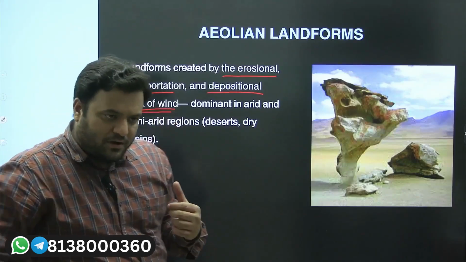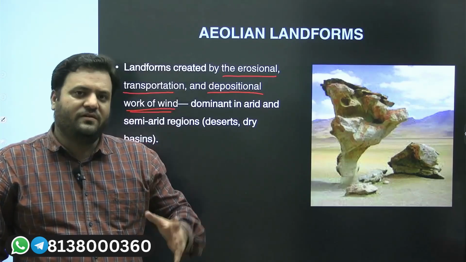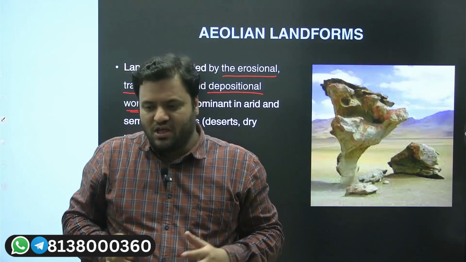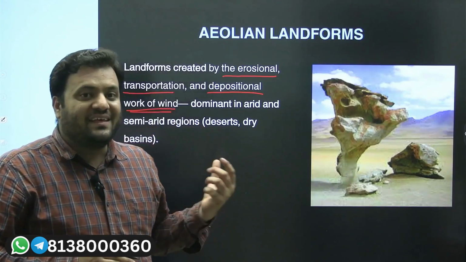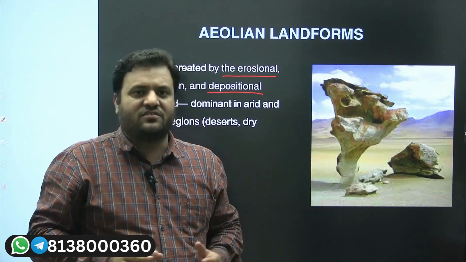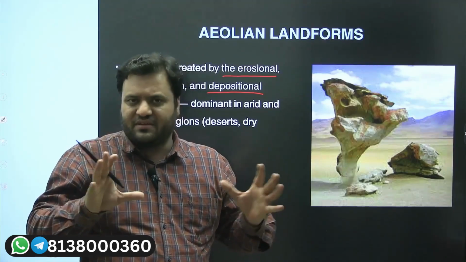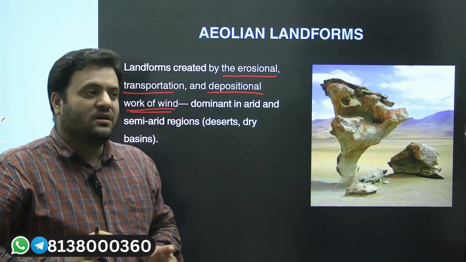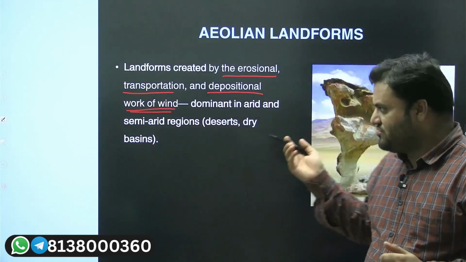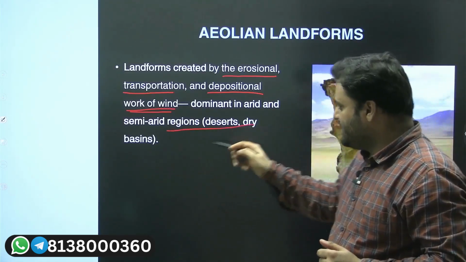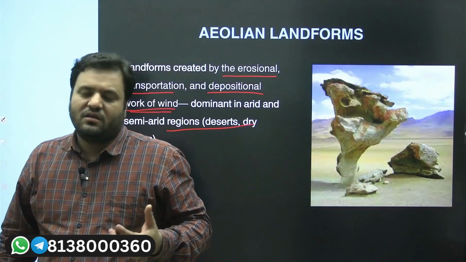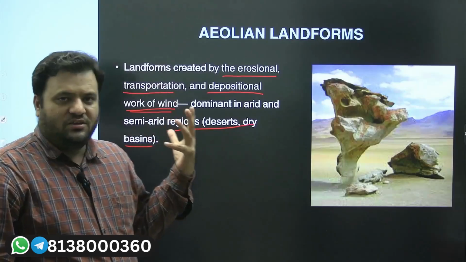This dominant feature of wind is always there in desert areas, where you see arid or semi-arid climatic conditions. Wherever deserts are located, you will see these well-developed Aeolian landforms, which we are about to see in this session.